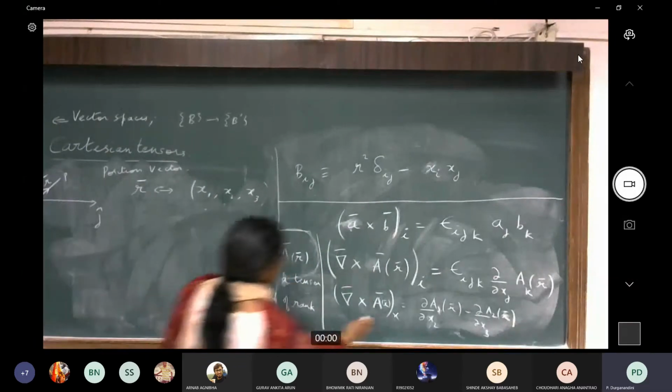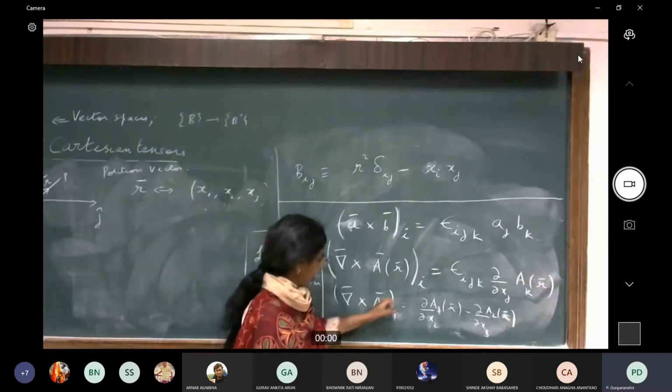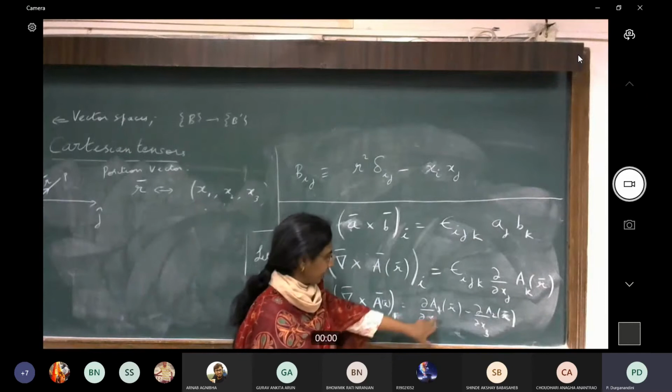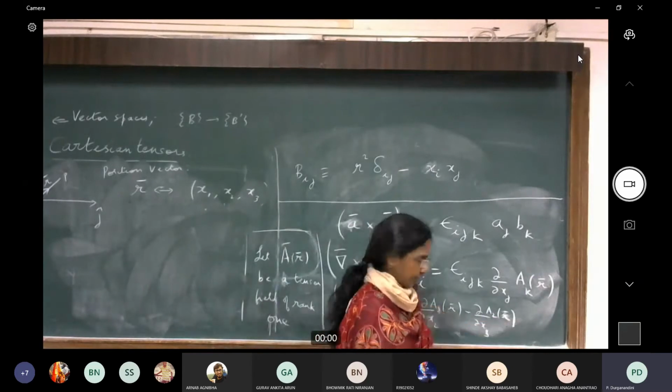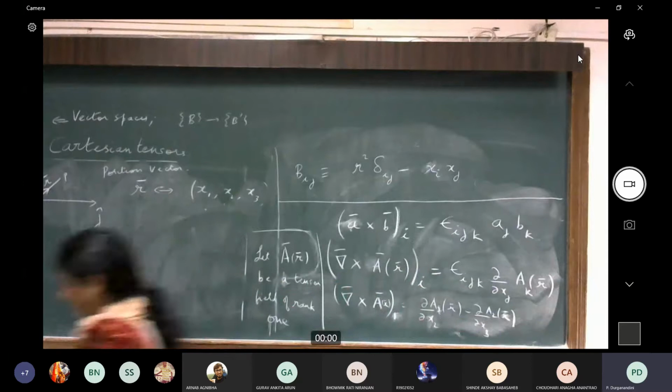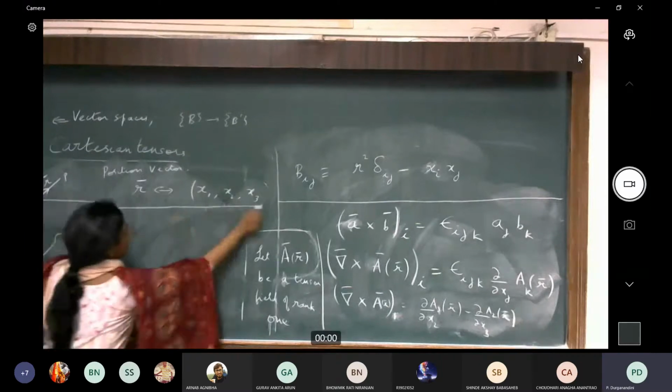So this is the first component. If I think of the first component as the x component, what this means is that the x component of del cross A is del by del y of Az of r minus del by del z of Ay of r. And this is what we know. Now you can see how this tensor vector calculus gets simplified.